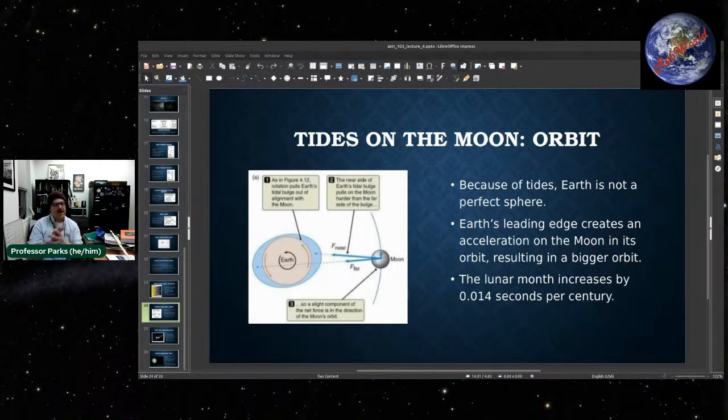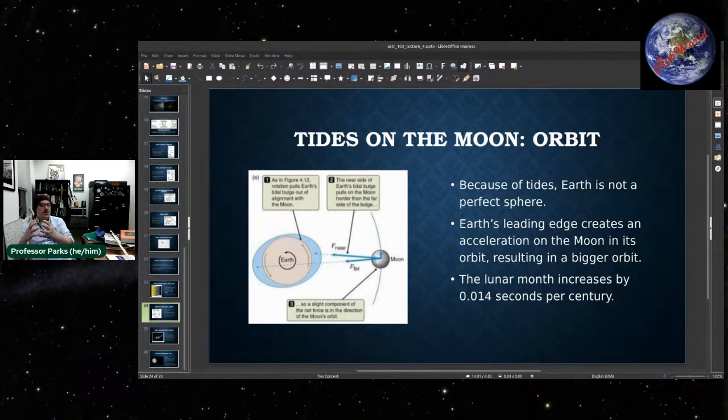The reason for that is because over time, when the moon was first created, as I'll go into next lecture, the moon was very rapidly spinning, but the tides that were raised on the moon were much more extreme than the tides that are raised on the Earth, because again, the force of gravity is mass dependent.